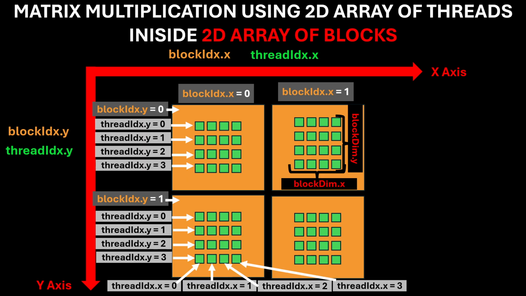And I hope this is all clear, what is happening and how to do proper indexing for blocks and threads, and how to pick up a specific thread with the help of these built-in variables. So let's go further.